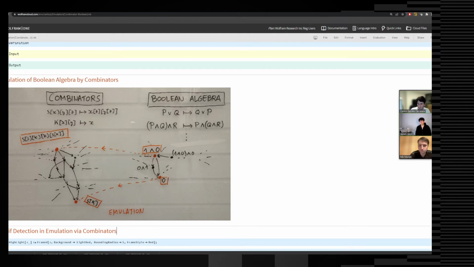And in particular, whether there are intermediate states on the combinator side that correspond to states in the Boolean algebra, and more generally, like Nick pointed out last time, perhaps substructures that correspond to emulations of some structure on the Boolean side, right? So it might be that the precise terms are not necessarily Boolean algebra expressions, but they might be dependent from them, and they might be arising from them.